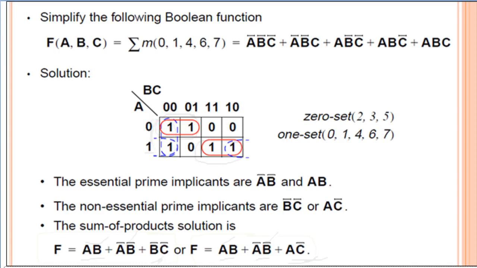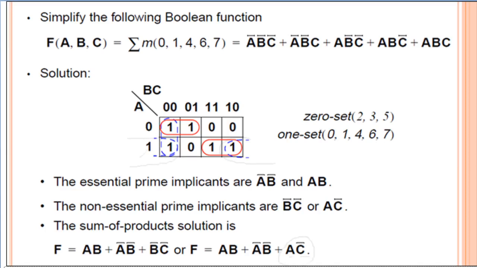If you take this group, okay, now your answer will change if you take this group as a prime implicant. The identity for this group will be a c bar.